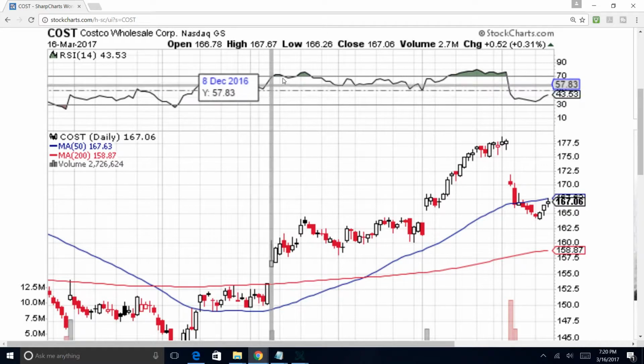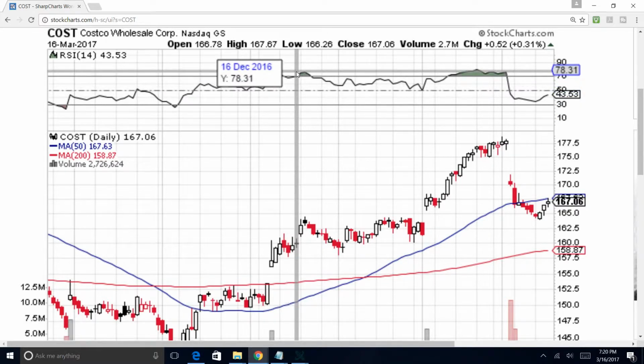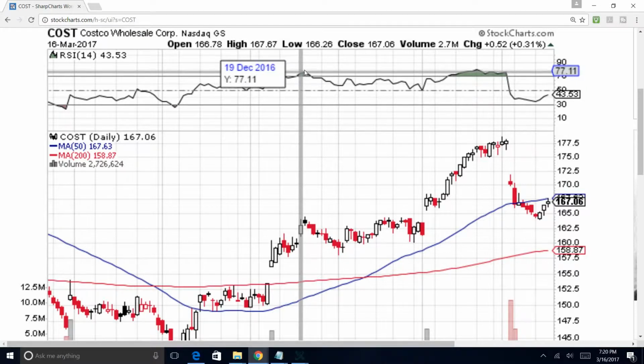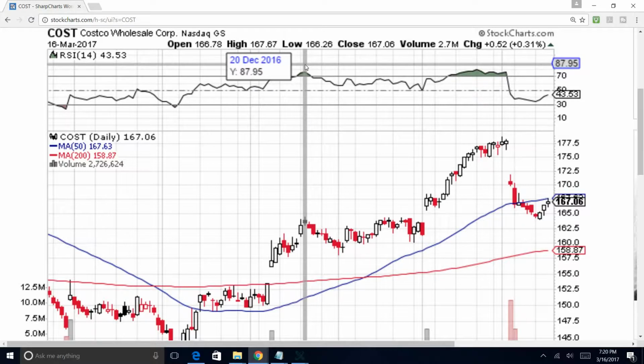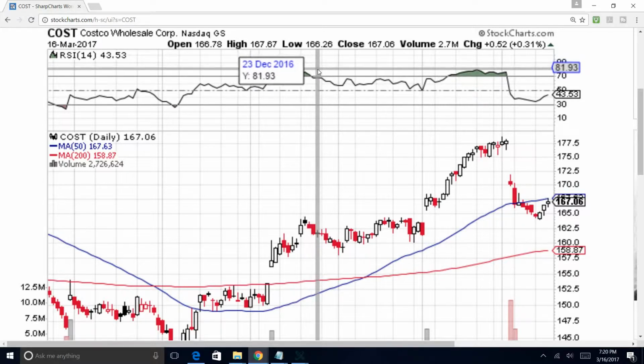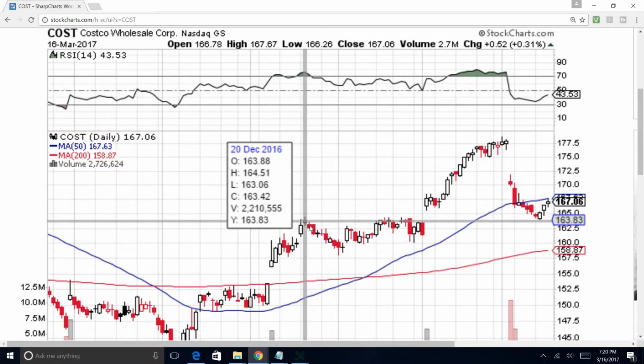I'll show you an example here. If we look back around December 16th through 20th, the RSI crossed into the overbought area, and not long after that there was some selling pressure, and we see it here in our chart.